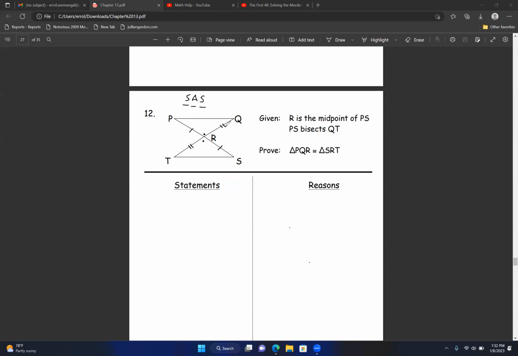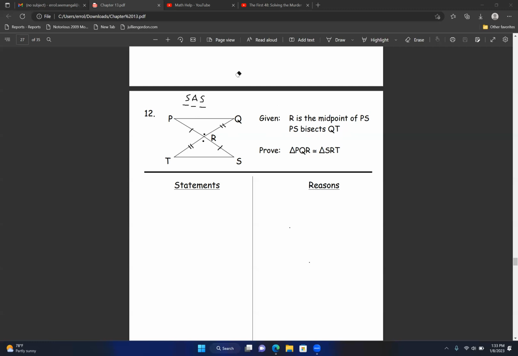Yes. And what would be the reason? The definition of bisector. All right, let's write it out.